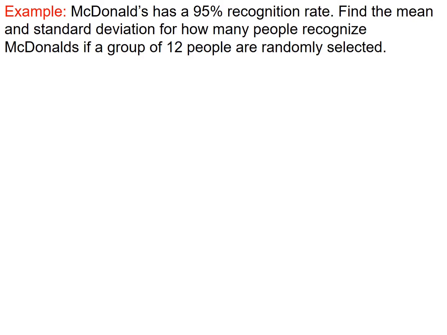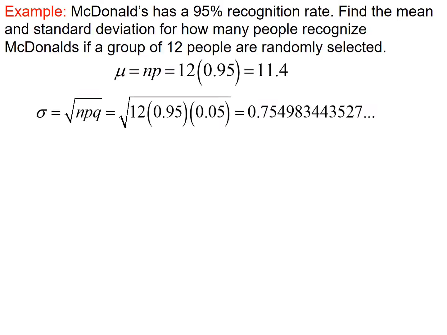So again, the probability is 0.95, the number of trials is 12, so 12 times 0.95 is 11.4, and then my standard deviation is going to be the square root of my variance, and I would get 0.7549. Just use all the numbers possible. You are using a calculator, so it's not that tough to do.